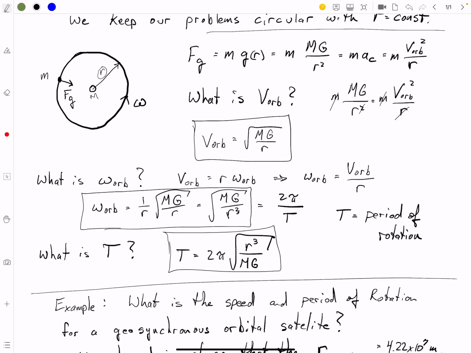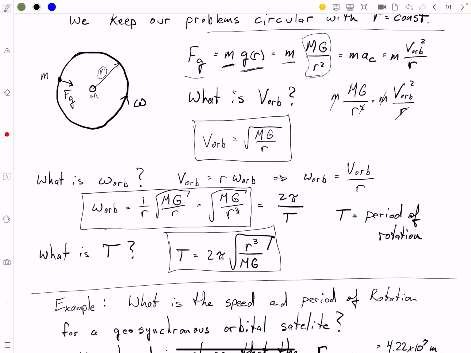Okay, so let's do a little free body diagram thing here where we're going to sum up the forces. The only one really is gravity pulling it in. We know that that's the mass of the orbital times the gravitational field. Here's our mass of the orbital. Here's our field.